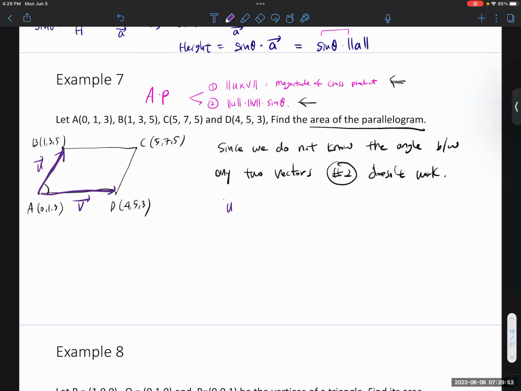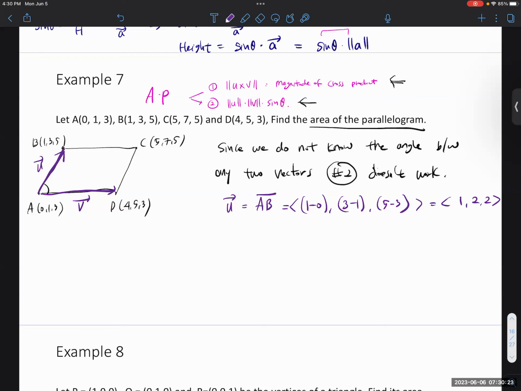So U vector, we know the length between A and B, correct? So it is going to be 1 minus 0, comma, 3 minus 1, comma, 5 minus 3. Which is 1, 2, 2.